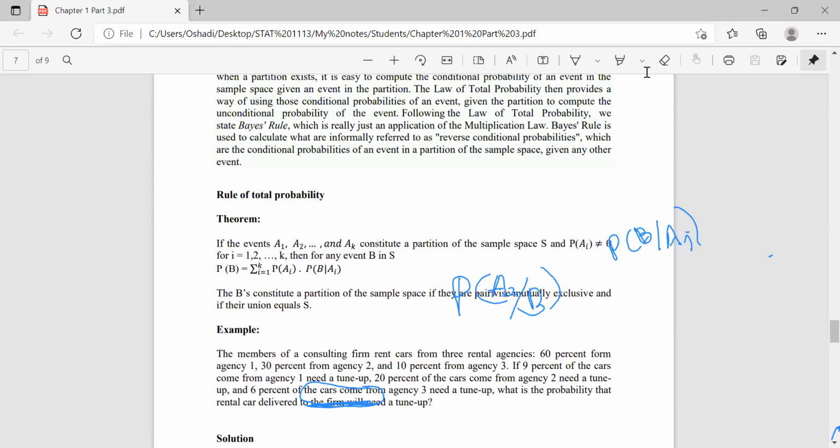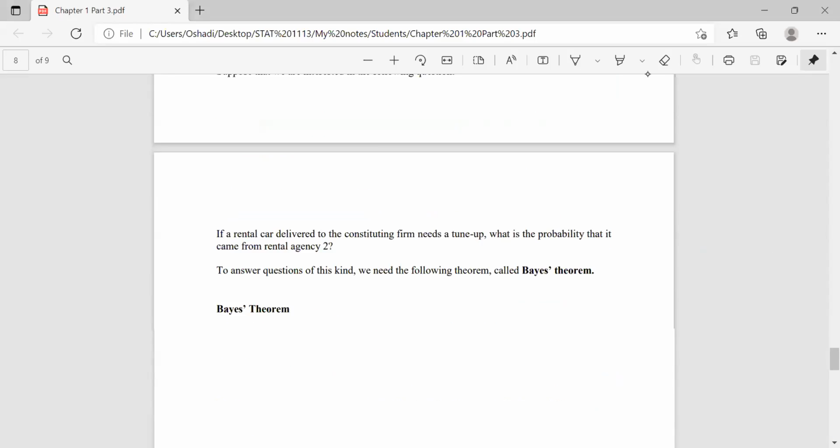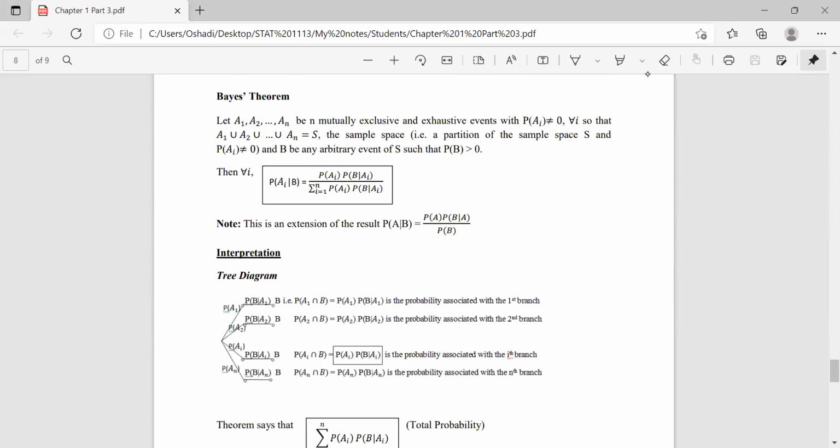This is the total probability. Okay. So that is Bayes' theorem. This is an extension of the result P(B given A), the conditional probability, right?